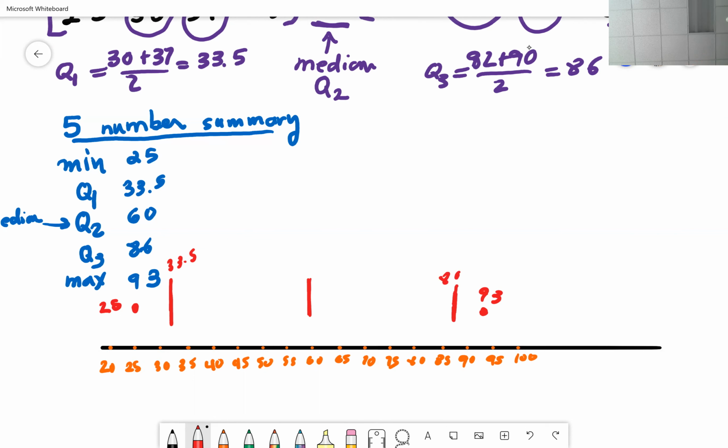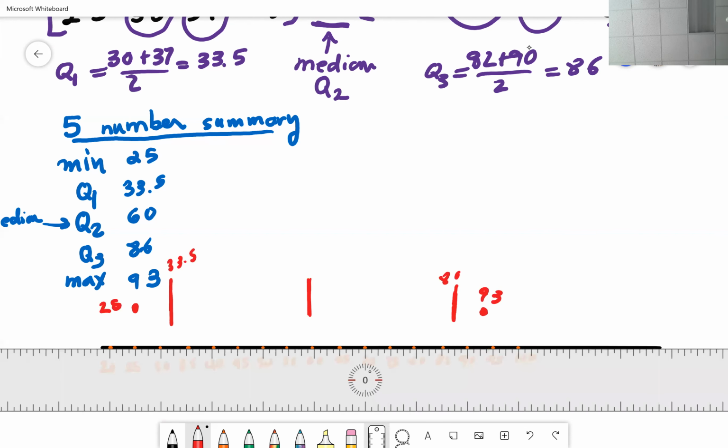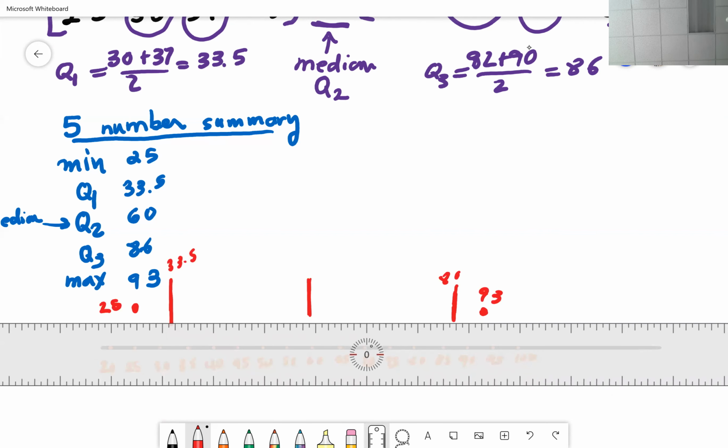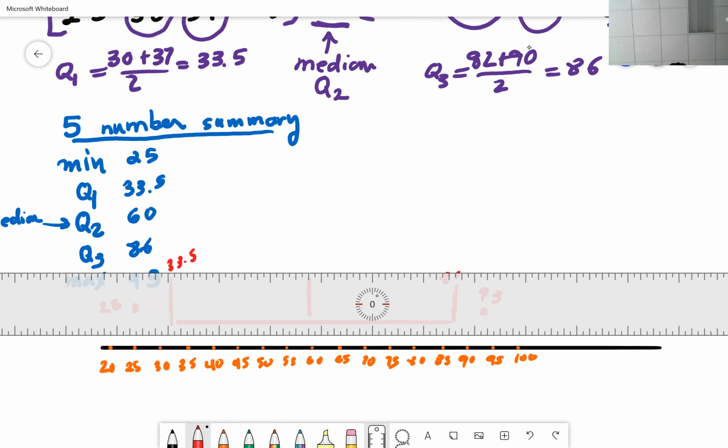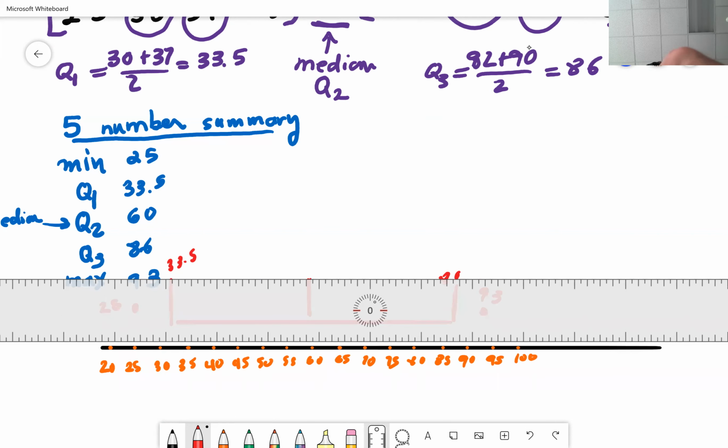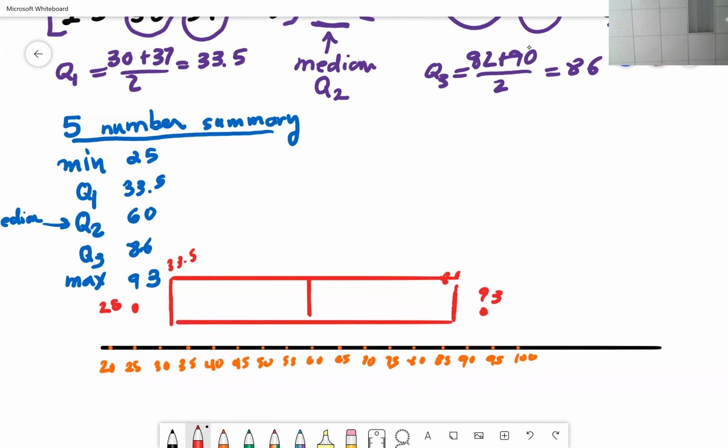And now I make my box. Let me see if I can do it with my ruler. It's not the best box, but it's pretty good. Let me make that line a little bit better. The ruler doesn't let me, of course, because that's life. I cross out the 80, but who cares? You guys know what I'm trying to do. And then I go whisker and whisker, and there's my box plot.